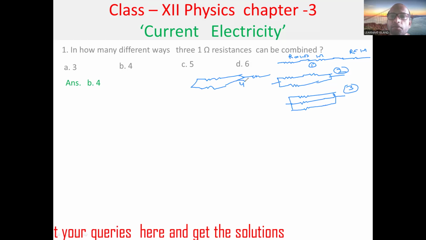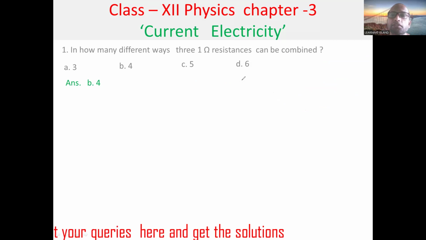This is 4th type. So these 4 types of combination are possible. So answer is 4. Now let us go to the next question. Okay, hope you understand.